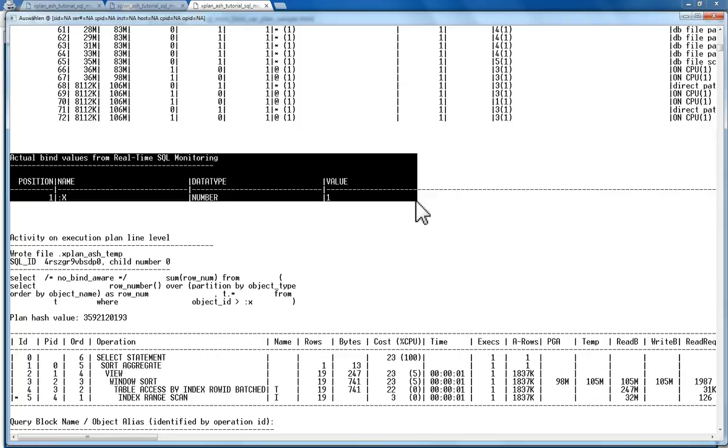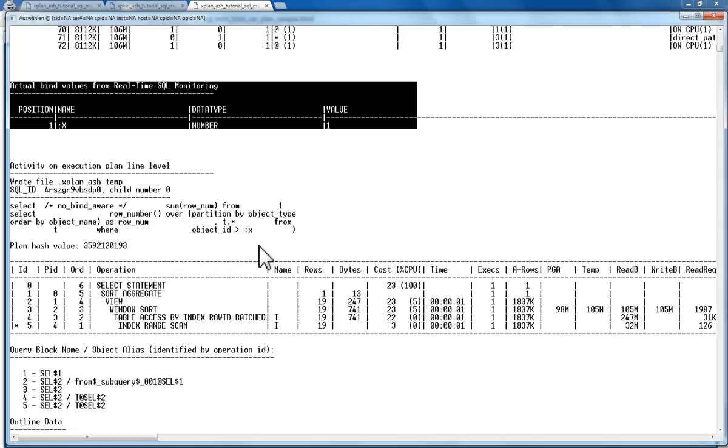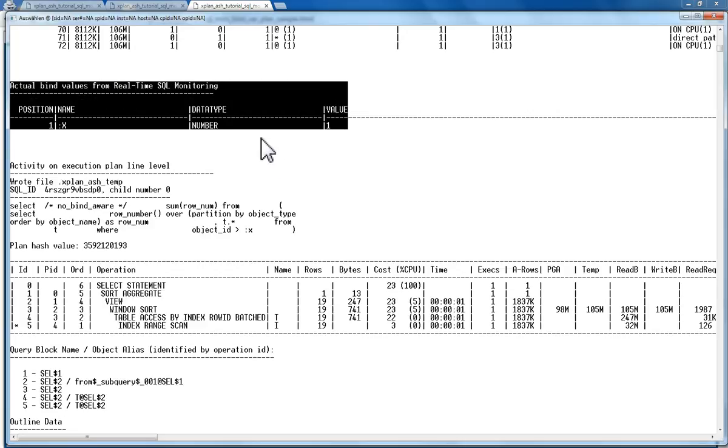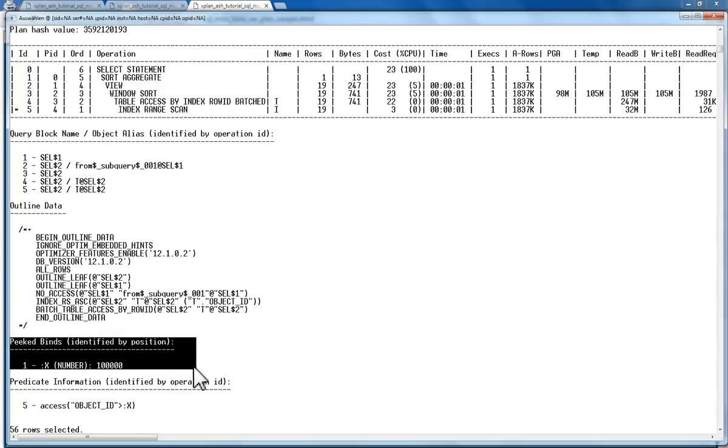So this is the same source. This is the actual bind value taken from real-time SQL monitoring. And the nice thing is that in the ExplainASH output, you can very easily compare the actual bind value to the peeked bind value that was used to generate the plan. Since the ExplainASH display cursor output, or the DISPLAY function call, by default includes the peeked binds option, you would see the peeked bind here.